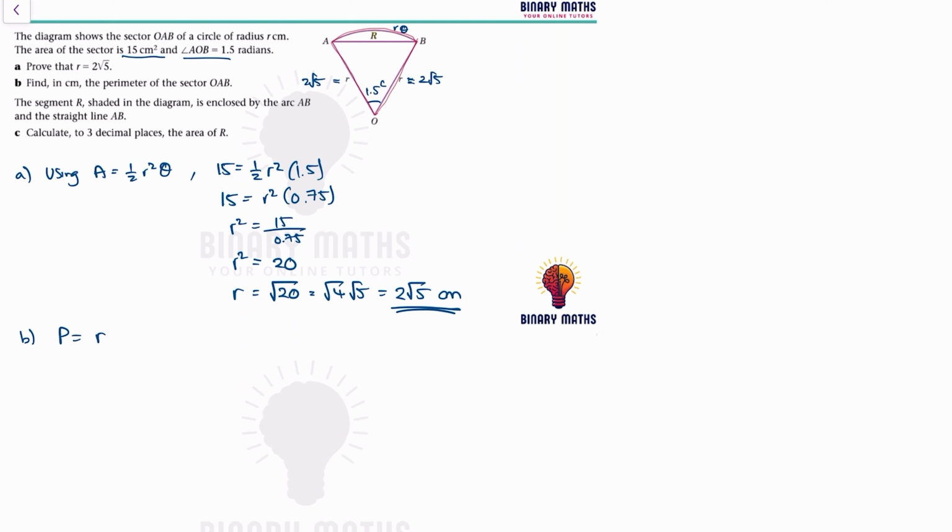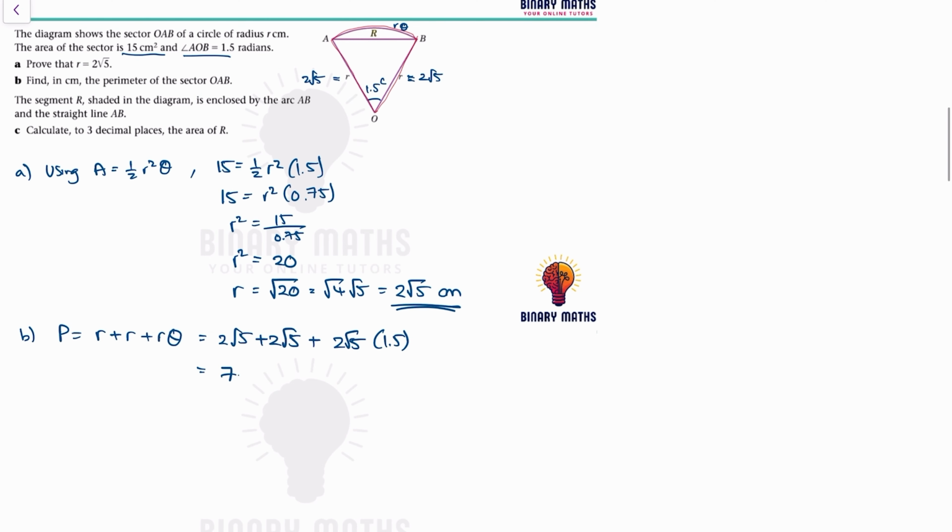So perimeter is equal to 2r plus r theta, which is 2 root 5 plus 2 root 5 plus 2 root 5 times 1.5, which gives us 3 root 5 plus 2 root 5 plus 2 root 5, which gives us 7 root 5. Again, the units are centimeters.